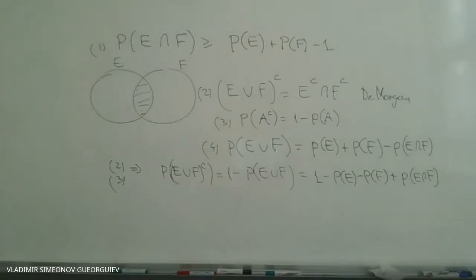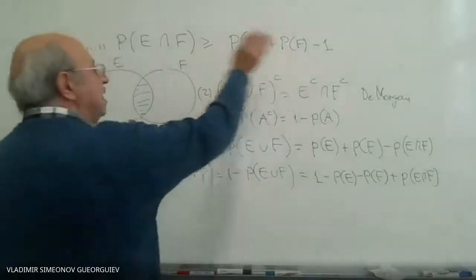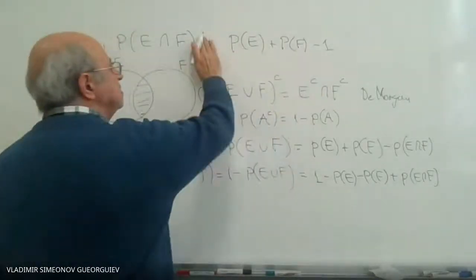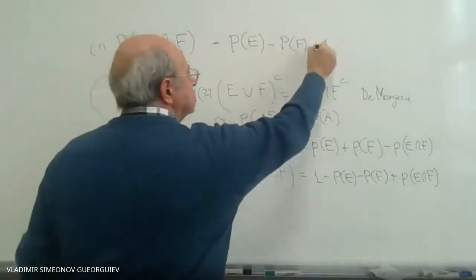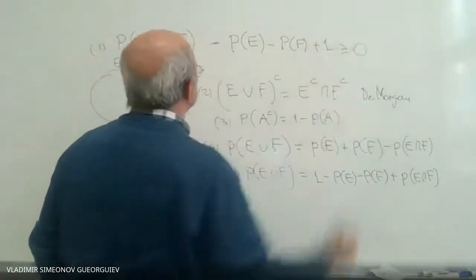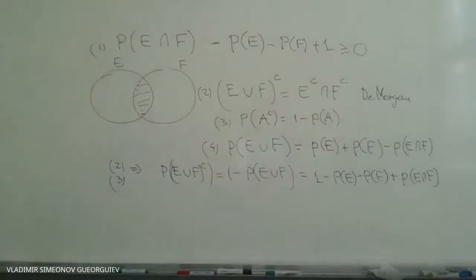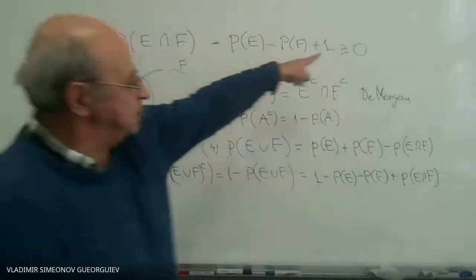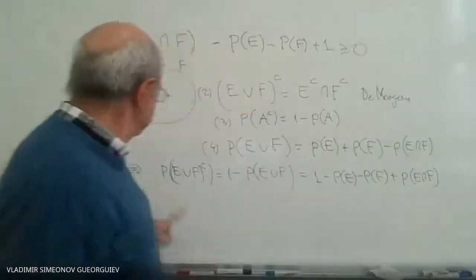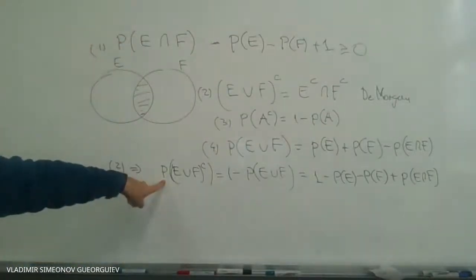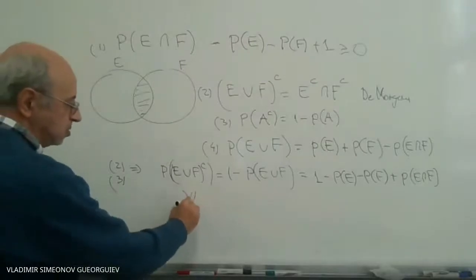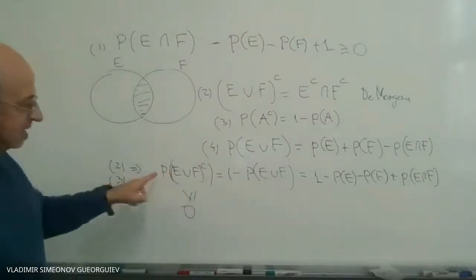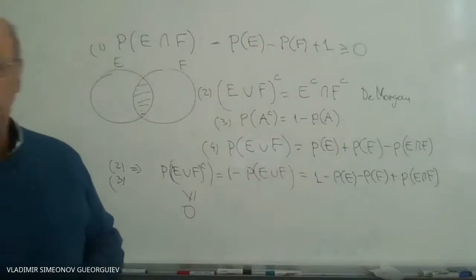Why? What does it mean, 1? If I put everything to the left-hand side, this with minus, this with minus, this with plus, it is bigger or equal than 0. But what is this expression? This expression is here. This is the probability of this set. But bigger or equal than 0 is always true because the probability of any set is always bigger or equal than 0.